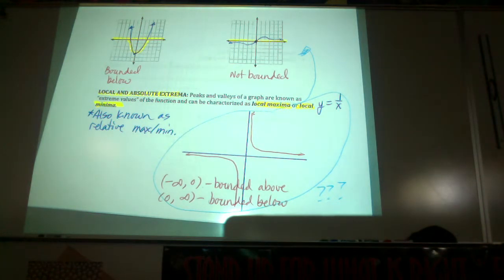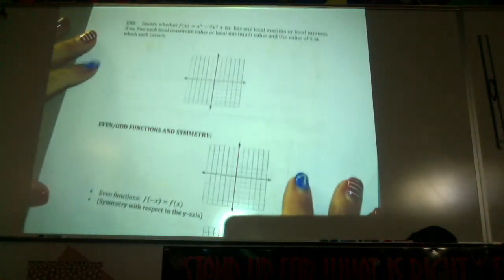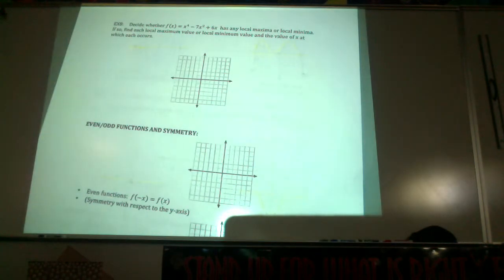All right, so flip your paper. Let's look at example 8, and we're just going to find the relative max and mins on the next graph. So you're to decide if this function has any local max or mins, and then find them. Now, pay attention to how they're asking the question.